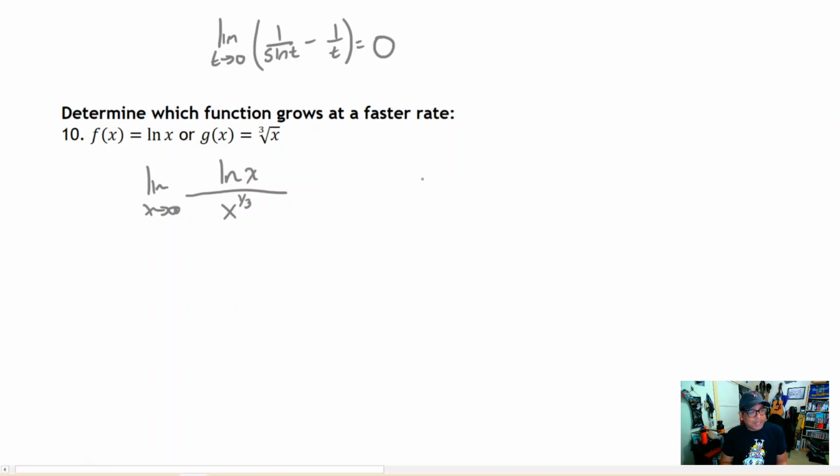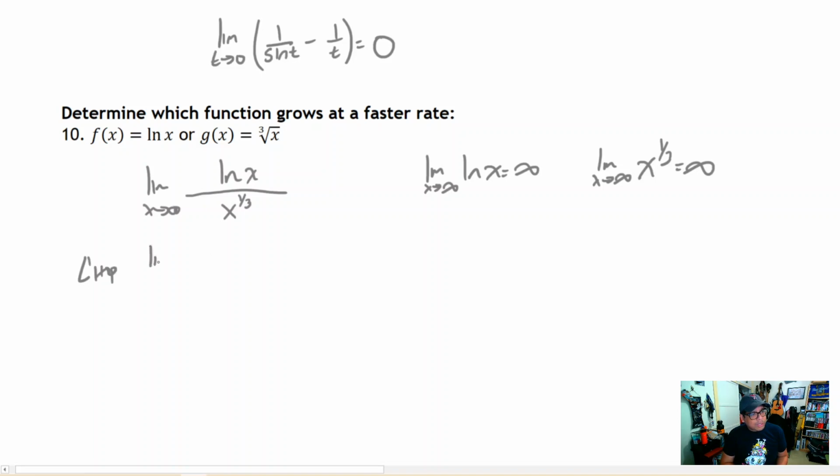So let's check. This should be an indeterminate form. The limit as x approaches infinity of the natural log of x is equal to infinity. And the limit as x approaches infinity of x to the 1/3 power also grows without bound. So this is indeterminate, and we can use L'Hopital's rule.